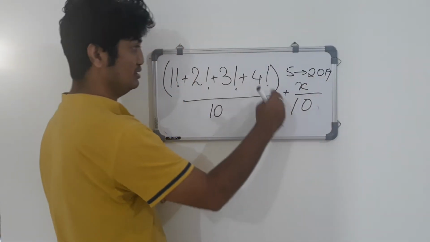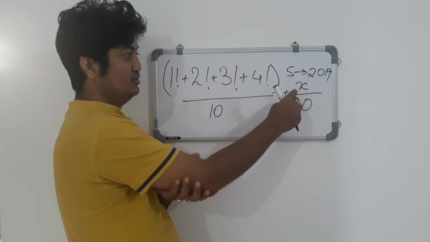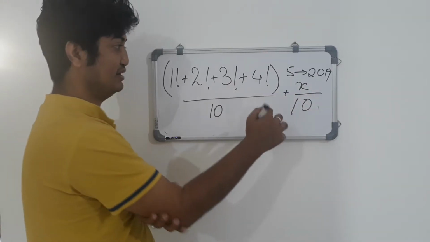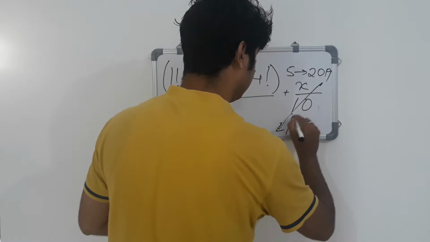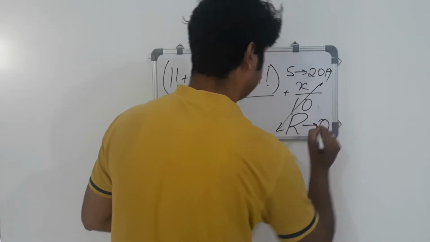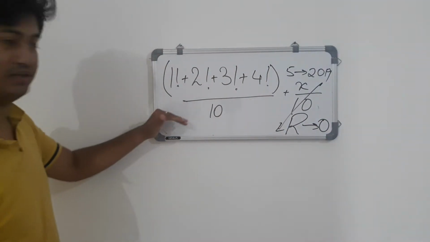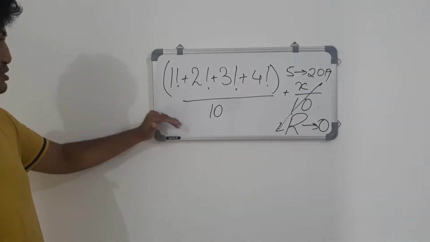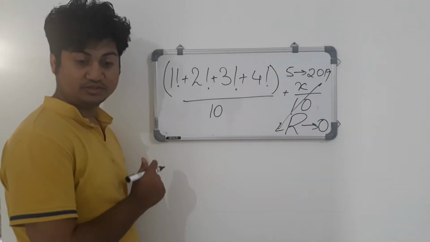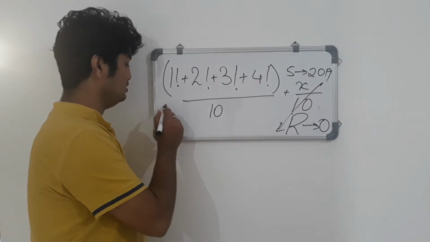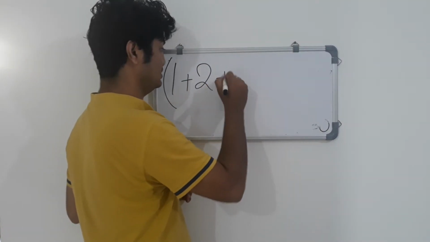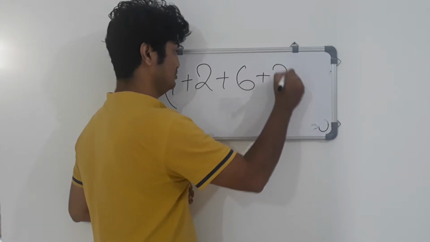Every one of these factorials is a multiple of 10. Hence the remainder of this particular part is 0. Now we are left with only this part. So 1 factorial plus 2 factorial, what we can do is basically 1 plus 2 plus 6 plus 24.